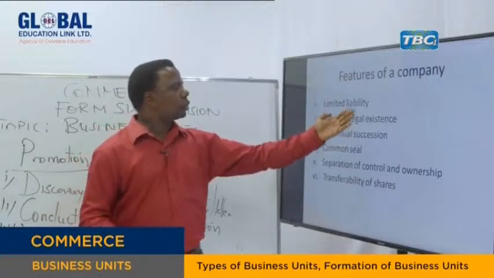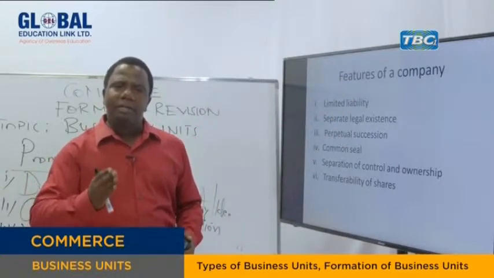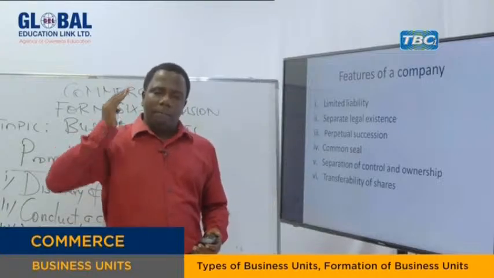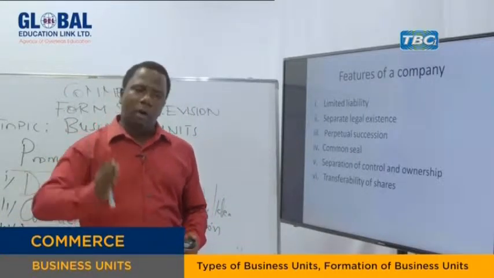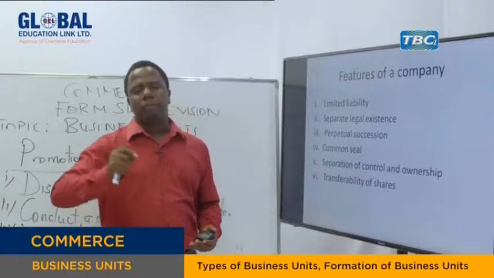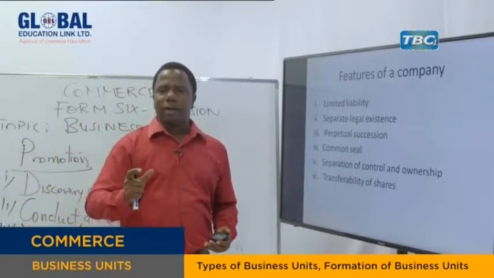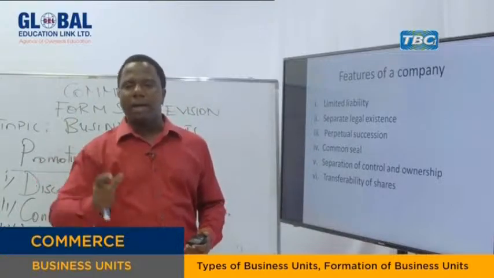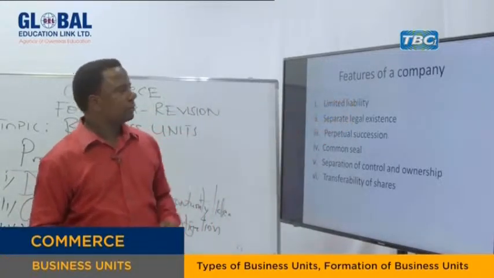Limited liability shows that a company is of limited liability, meaning that personal property will not be involved in case of liability of the company. So liability is limited to the amount of shares members own in the company, or limited to the amount guaranteed.